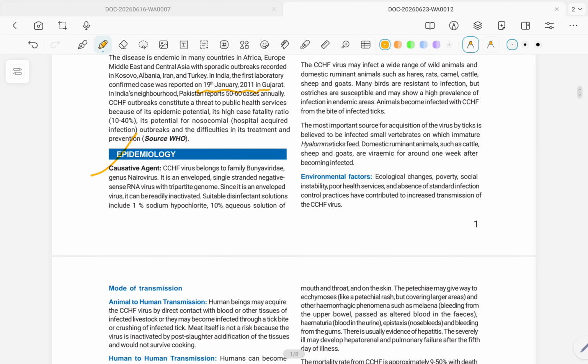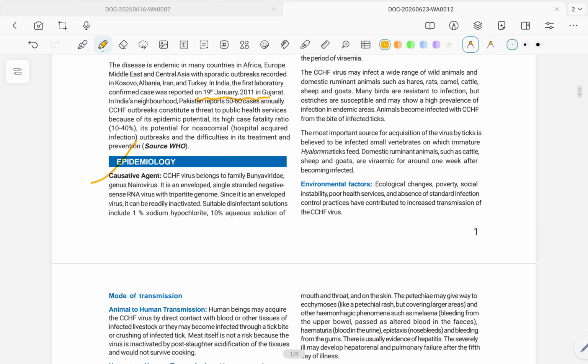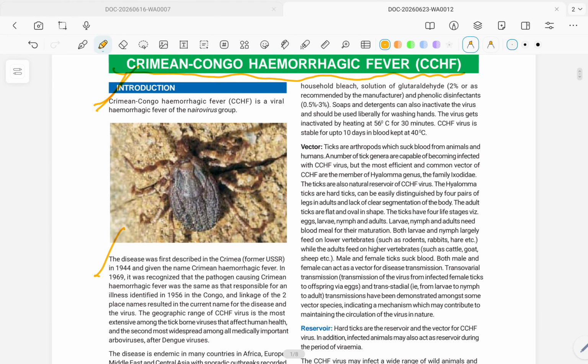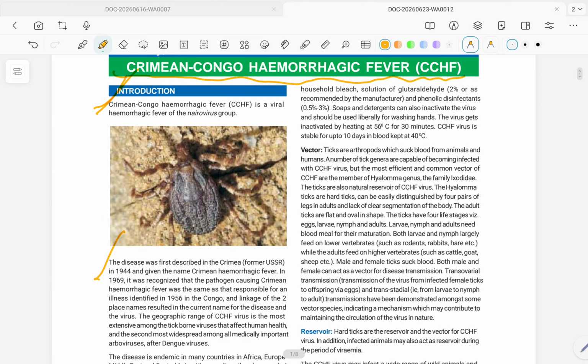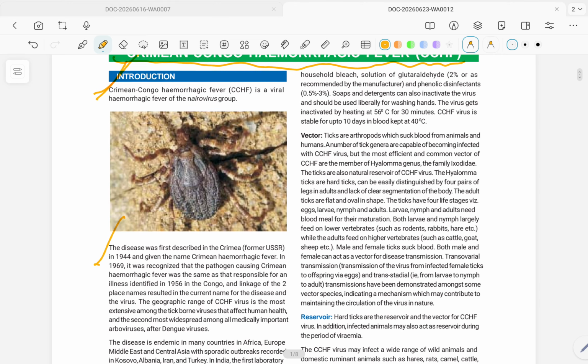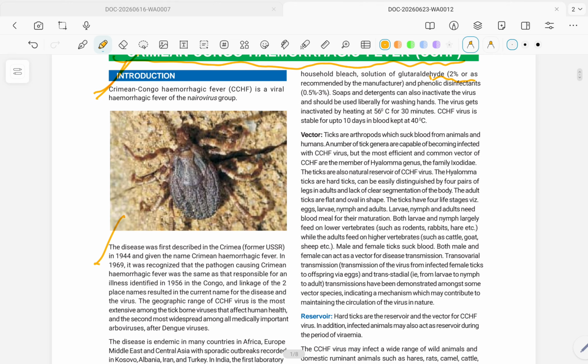Suitable disinfectant solutions include 1% sodium hypochlorite, 10% aqueous solution of household bleach, solution of glutaraldehyde 2% or as recommended by the manufacturer, and phenolic disinfectants 0.5 to 3%.